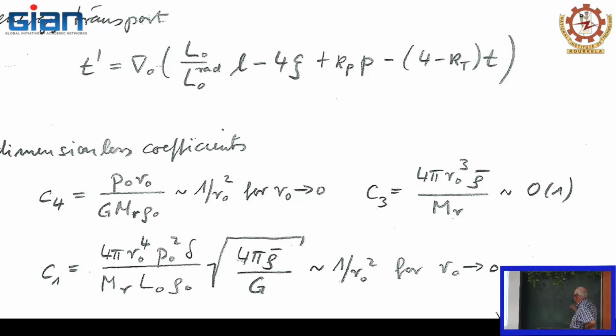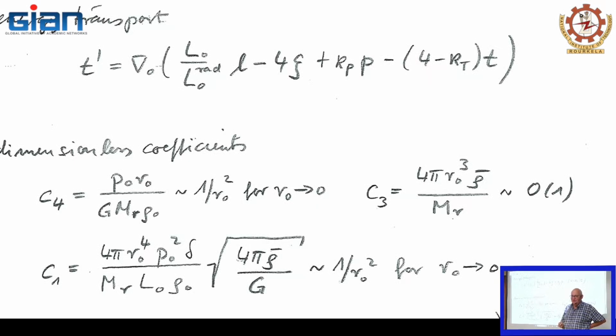It's finite. So M of r is the integral over r squared, so M of r goes like r cubed if we approach the center, because the density has a finite value. So this goes like 1 over r squared. So this coefficient diverges when approaching the center. This coefficient becomes infinite if we get close to the center of the star.